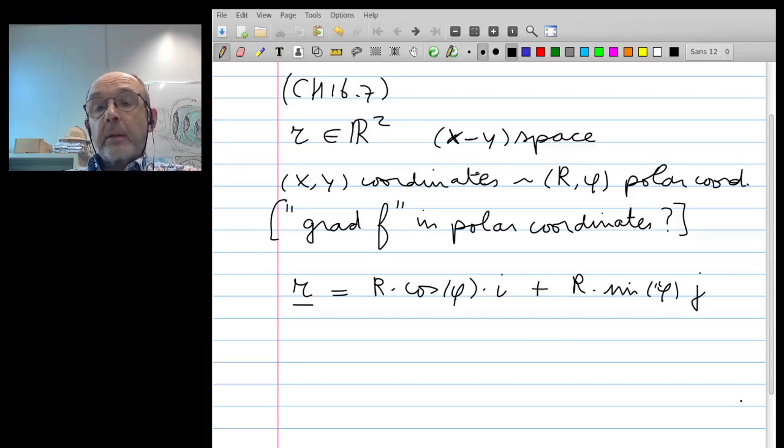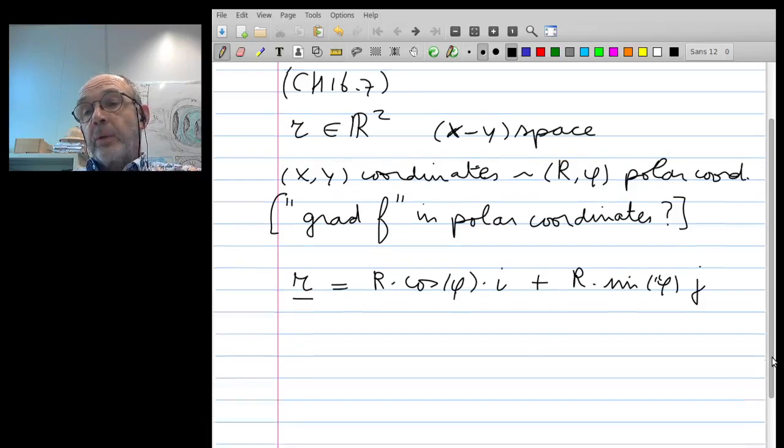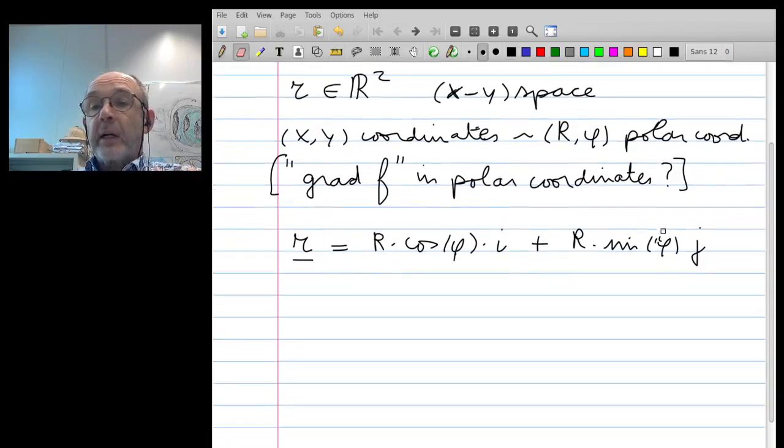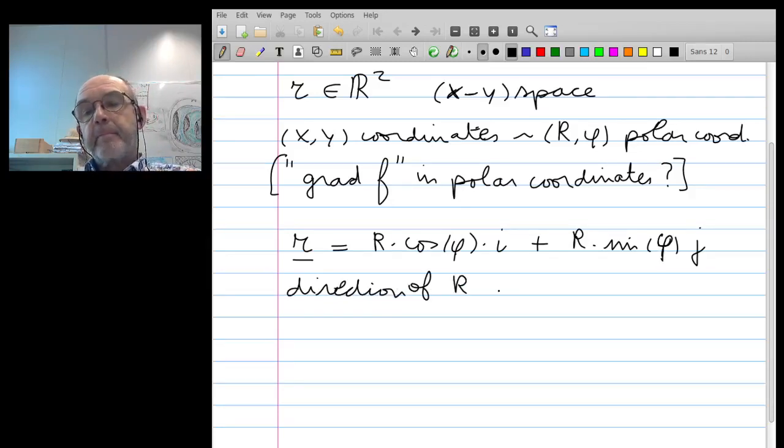And now I can look for the direction of R and the direction of phi in the xy plane.